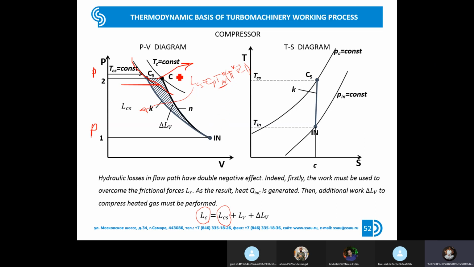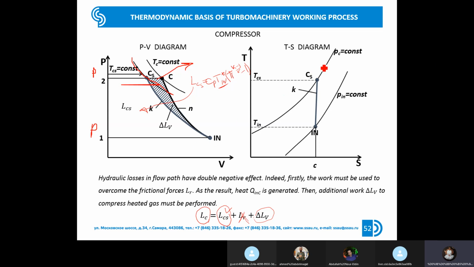If we look at the PV diagram, we know LCS, it's the area 1, 2, CS. We know delta LV, it's the area of the triangle, but we have no information about this value in the PV diagram. That's why we need to use the TS diagram to try to find the efficiency.